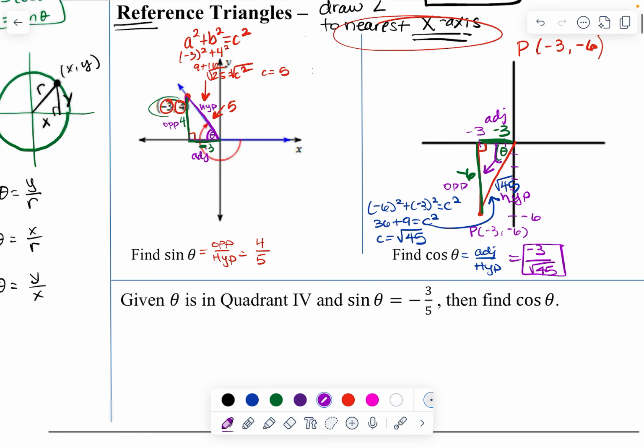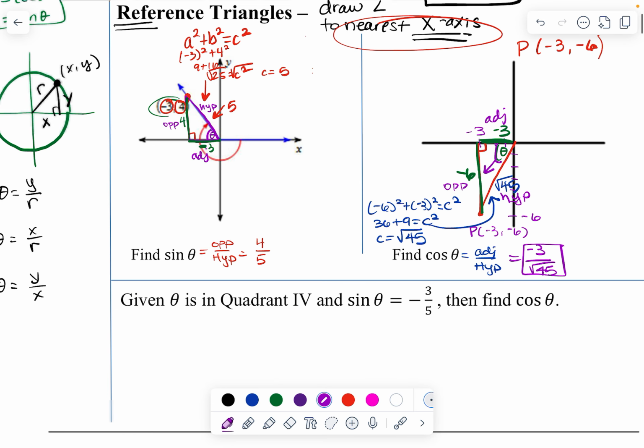What's cool about that is the second that I know what sine is, I can just flip it, and I know I've got the cosecant immediately. Let's look at the next one. So cosine is adjacent over hypotenuse, and the reciprocal is secant, so it's going to be hypotenuse over adjacent.